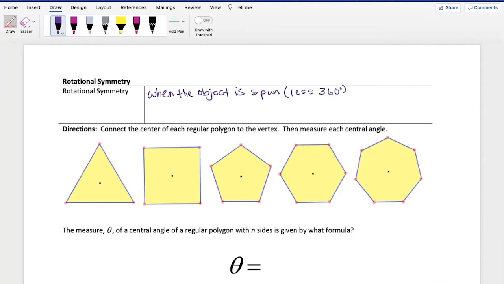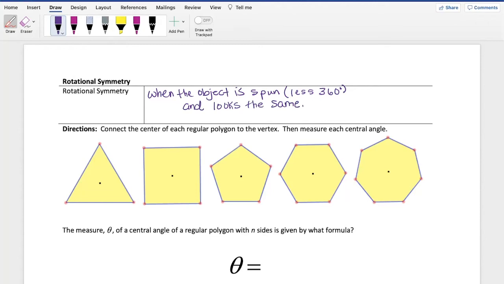So if I do a rotation of 90 or 180, the figure or my polygon will look exactly the same. When the object is spun and it looks the same, this is what we say the polygon then has rotational symmetry.